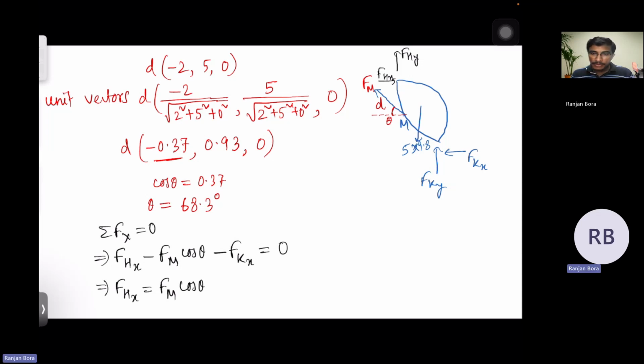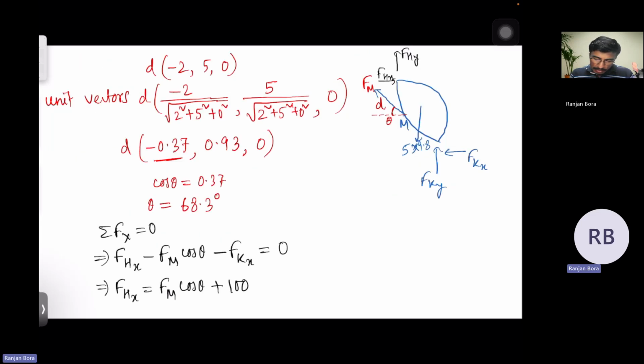We need to find Fm also. Fm is unknown here. Plus Fkx. How much is Fkx? Fkx is 100. And one more equation, summation Fy is 0.